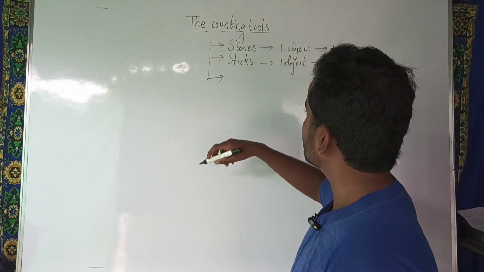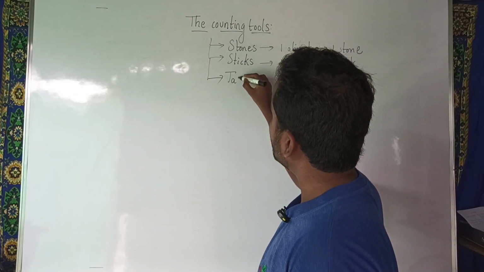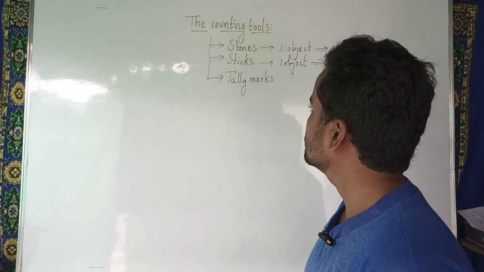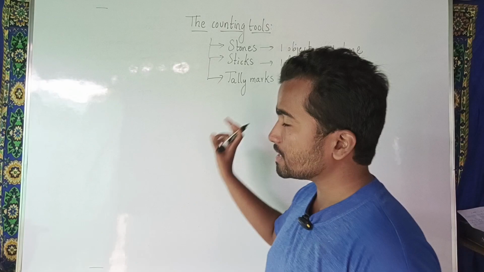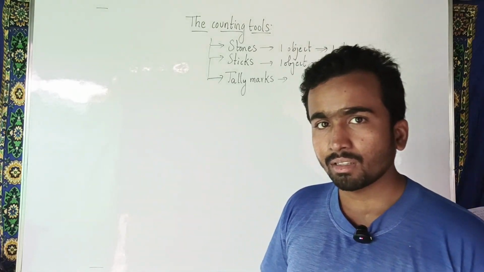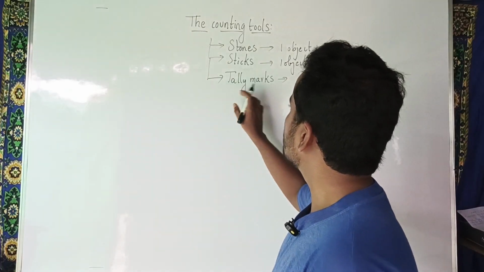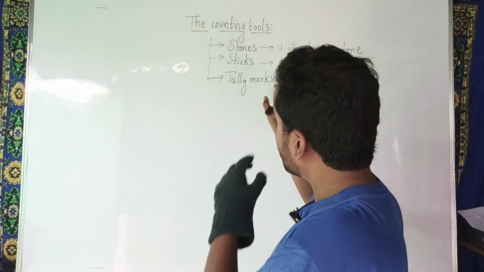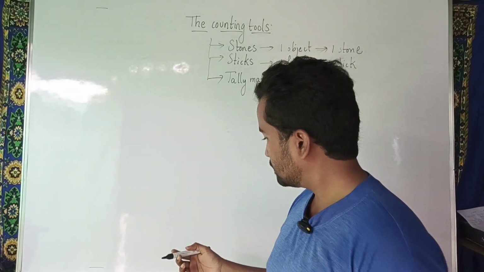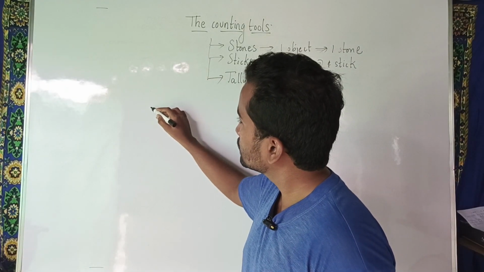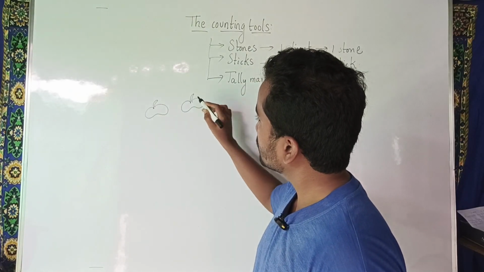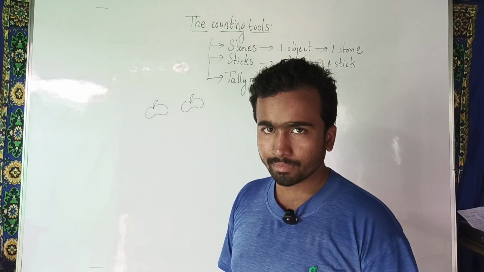Stones, sticks, and tally marks. Tally marks is the well-known method of counting objects. In the aspect of tally marks, suppose I have these many apples, right?